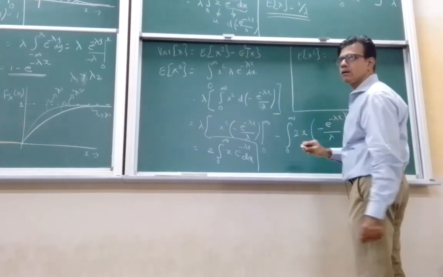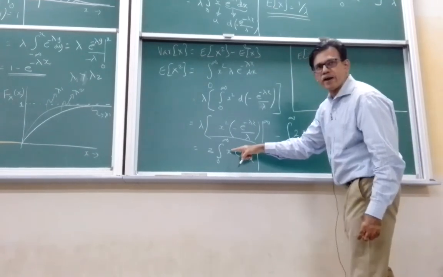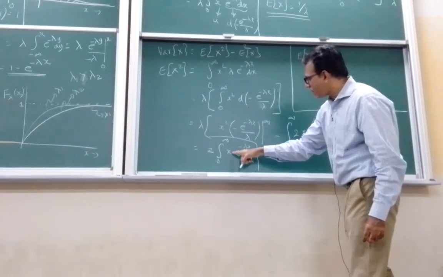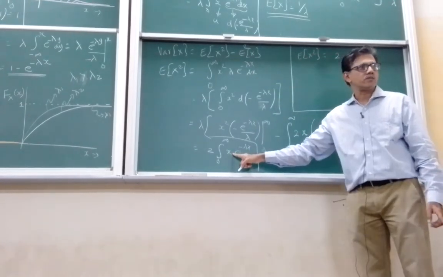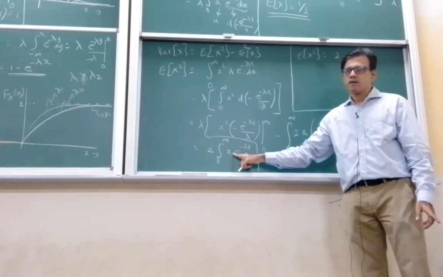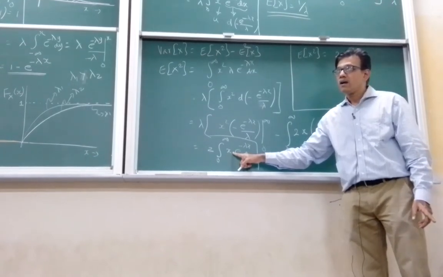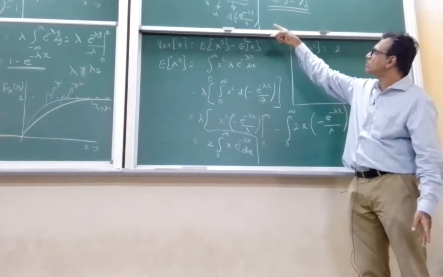If you look at 2 times this, this is what we want to find. But if there were a lambda, then I know what its value is. What is it? Here is the expectation, which is the exercise we have carried out.